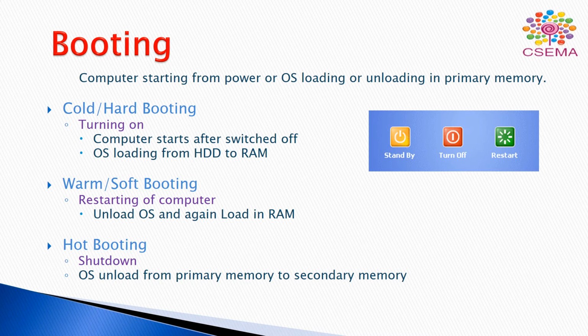In hot booting, the operating system is unloaded from random access memory to secondary storage memory, that is the hard disk, or we can say that the operating system unloads from primary memory to secondary memory.